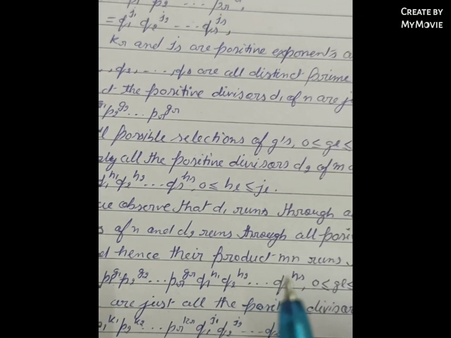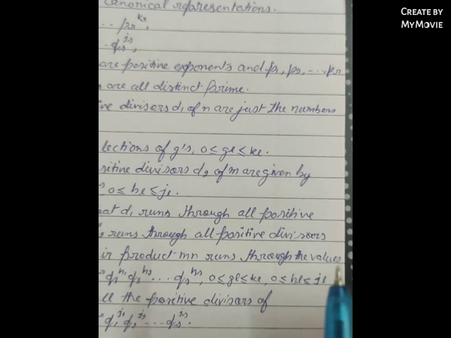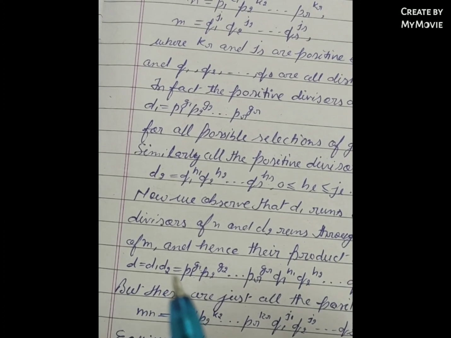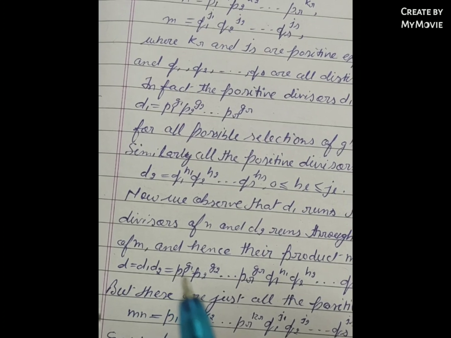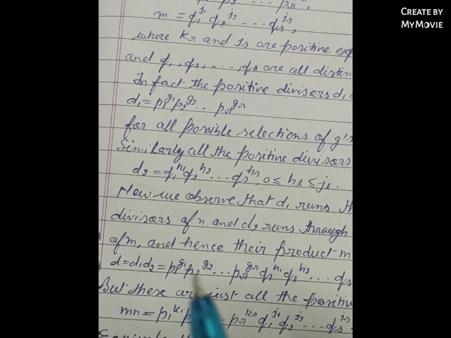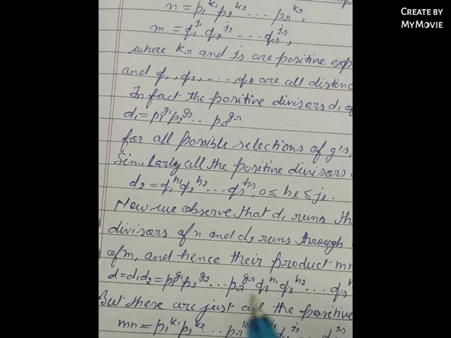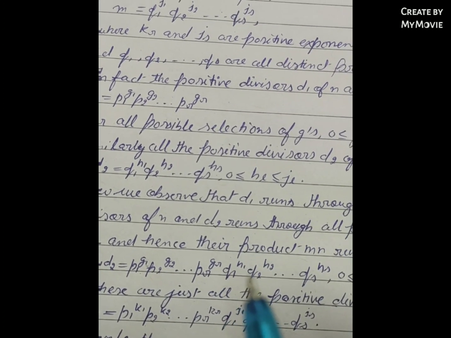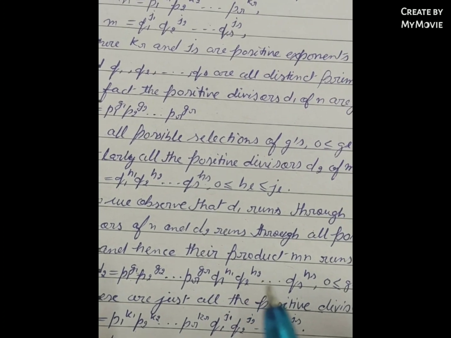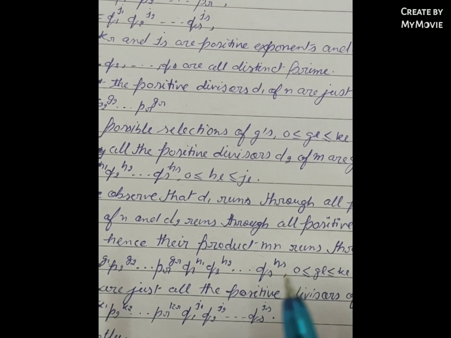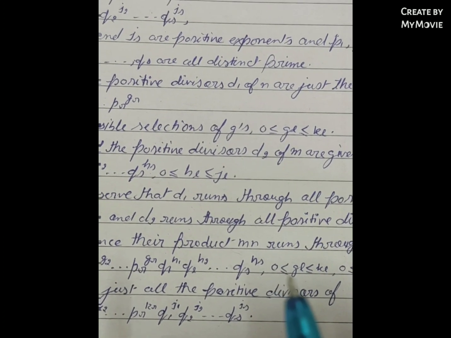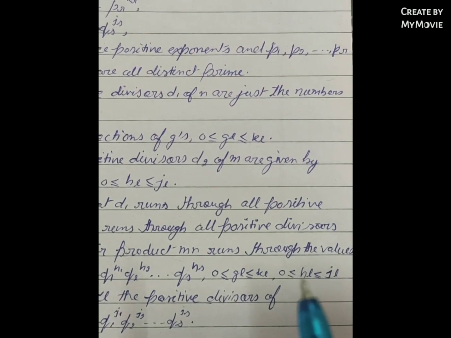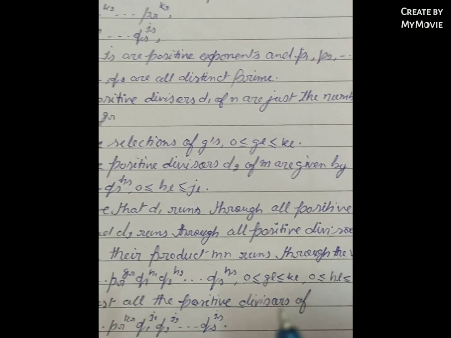Hence their product d is equal to d1 into d2, which is p1 raised to power g1 into p2 raised to power g2, and so on, pr raised to power gr into q1 raised to power h1 into q2 raised to power h2, and so on, qs raised to power hs, where 0 is less than or equal to gl is less than or equal to kl, and 0 is less than or equal to hl is less than or equal to jl.